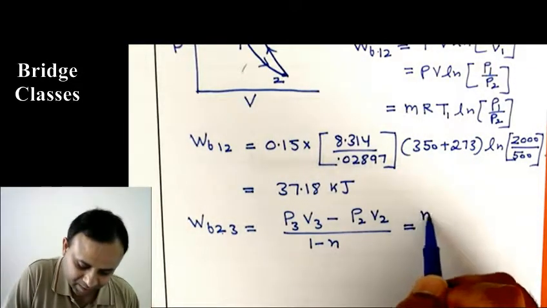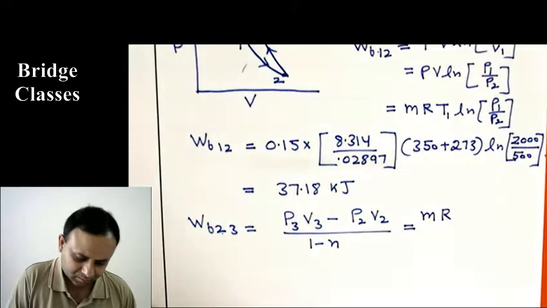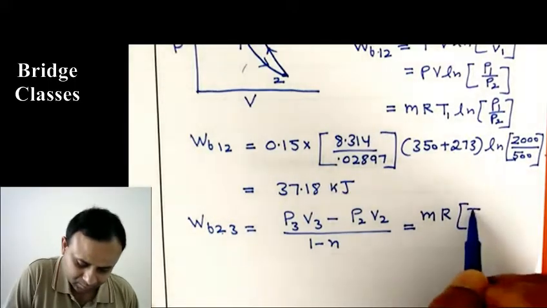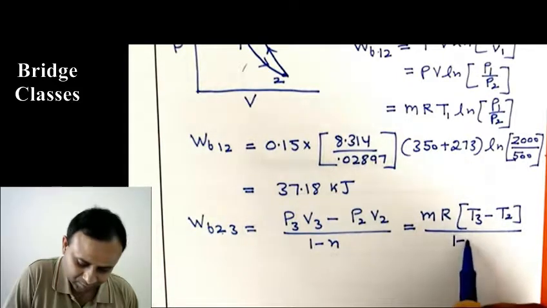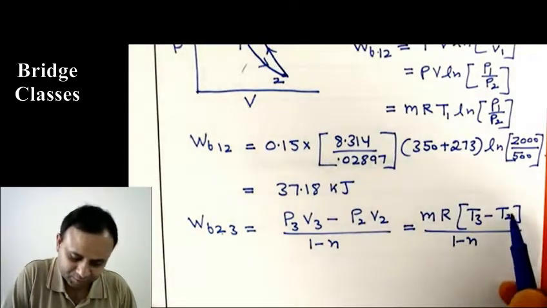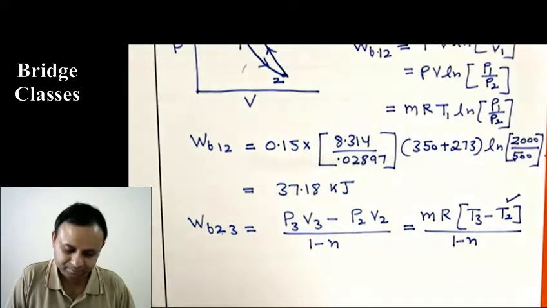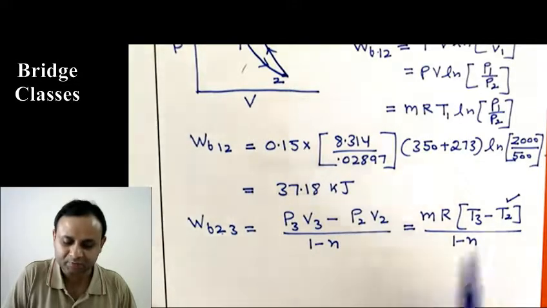So it will become mR times T3 minus T2 over 1 minus n. We already have T2 because T2 is the same as T1. And I can evaluate T3. How to evaluate T3?